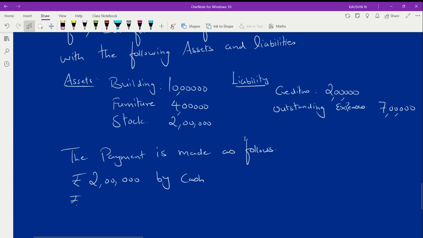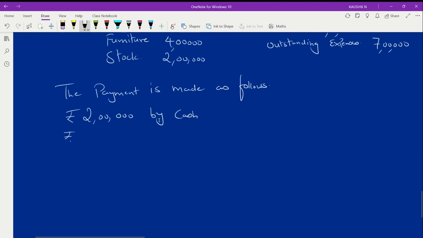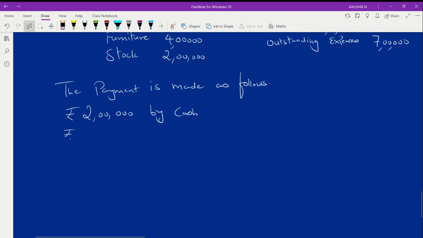Okay, that means which payment are they talking about? The amount mentioned here, 8 lakh rupees. In the 8 lakhs, they give the breakup of how you are paying. Okay, rupees 2 lakh by cash.